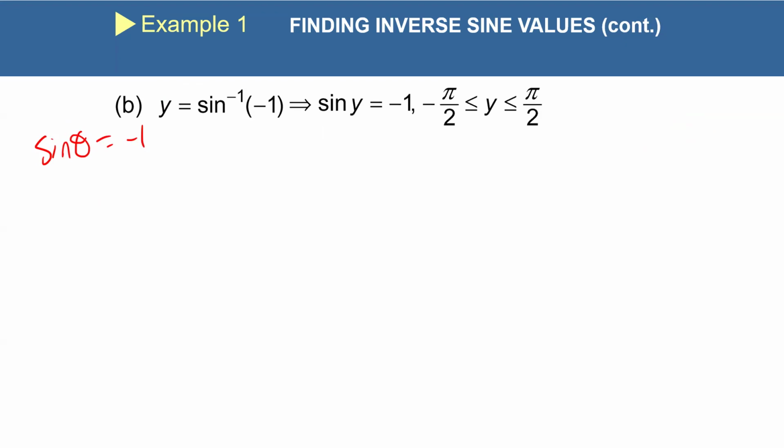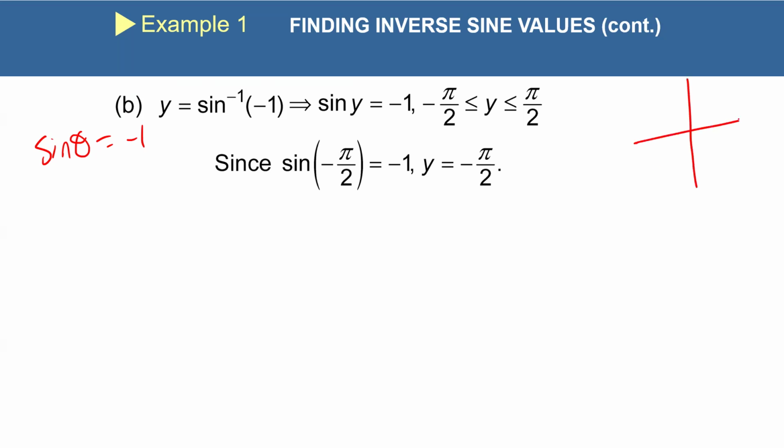Now, the problem is, if they gave us this restriction, would that fit in there? 3 pi over 2 is the same thing as negative pi over 2, right?